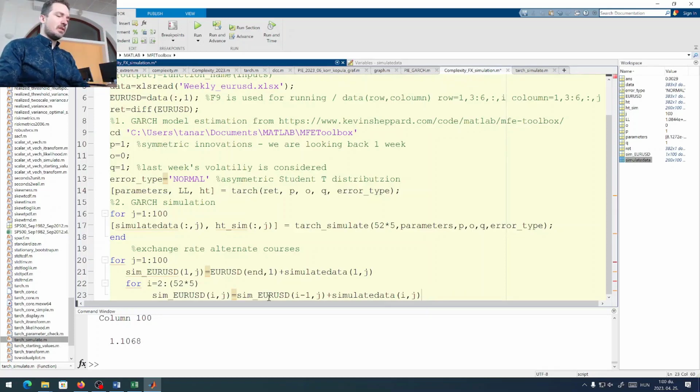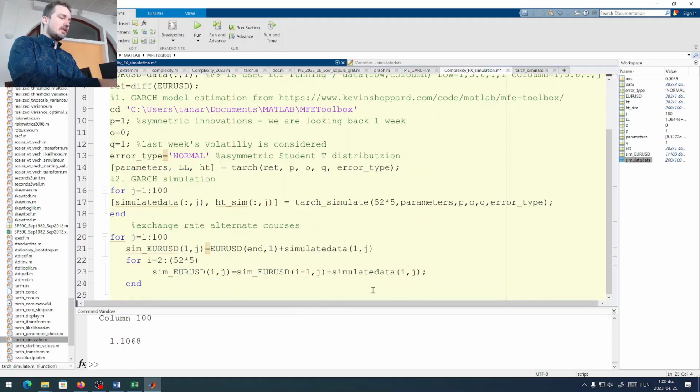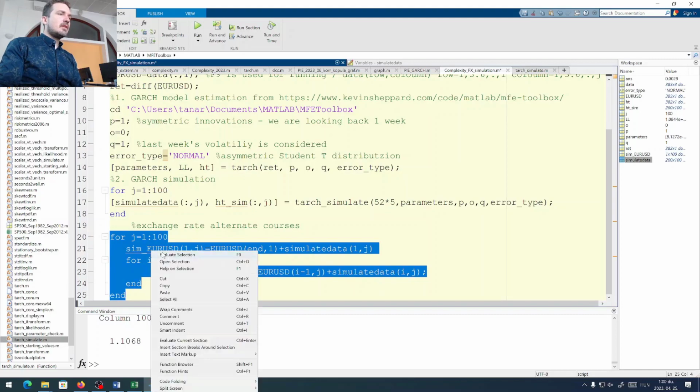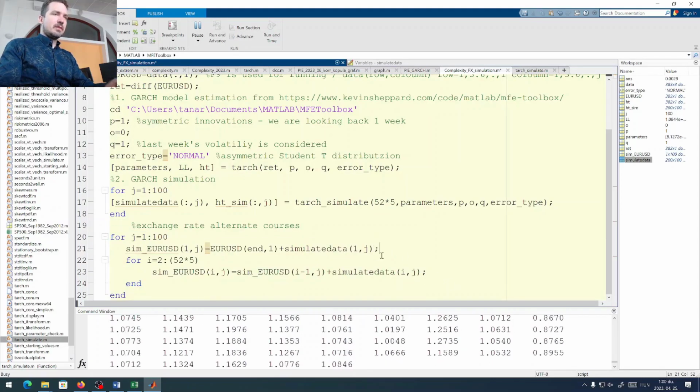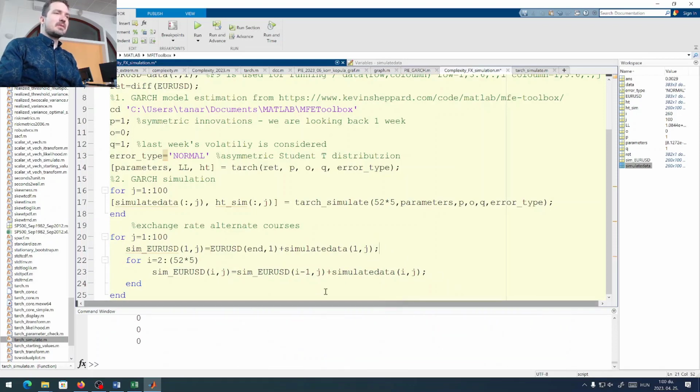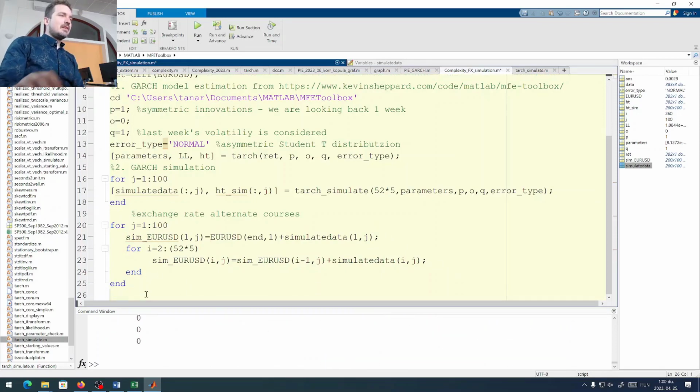So that's why I did not want to use logarithm, because it would just complicate things. And this is when I forget to add the semicolon here, because now it describes everything. It can take a lot of time.